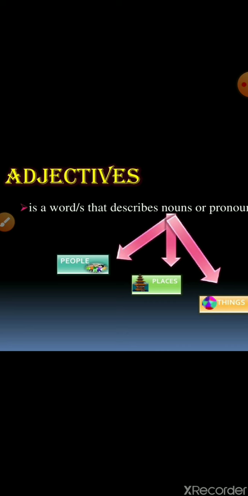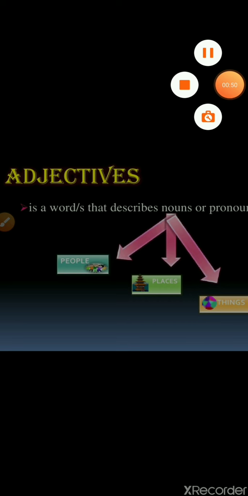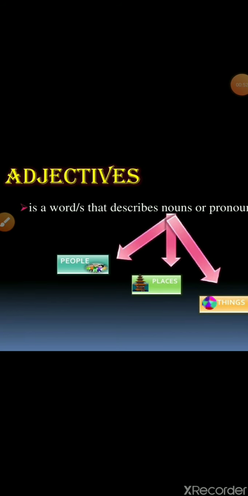Now crazy is the adjective here, which adds something to the people. Place, beautiful place. Things, harsh to touch. In this way we add something to the pronoun and noun to describe their quality, quantity, or frequency. We will do the types in detail now.